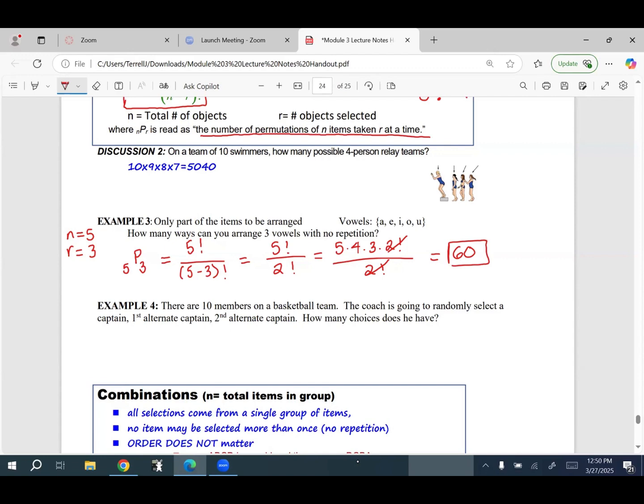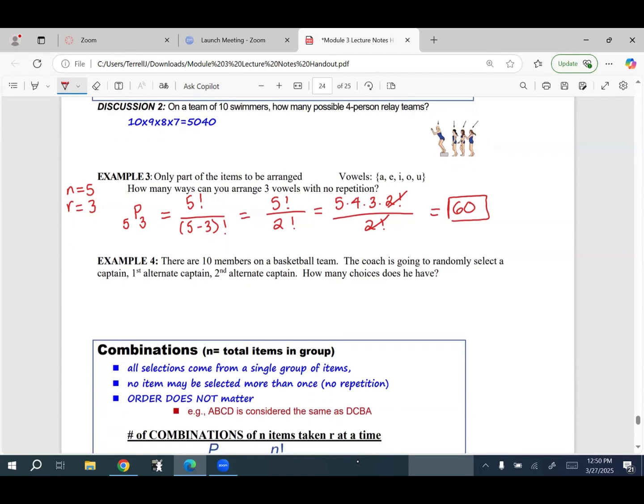Let's look at the next one. There are 10 members on a basketball team. The coach is going to randomly select a captain, a first alternate captain, and a second alternate captain. How many choices does he have? So again here, we recognize that this is a permutation problem because the order matters. There are different roles, so who I select for each role makes a difference.